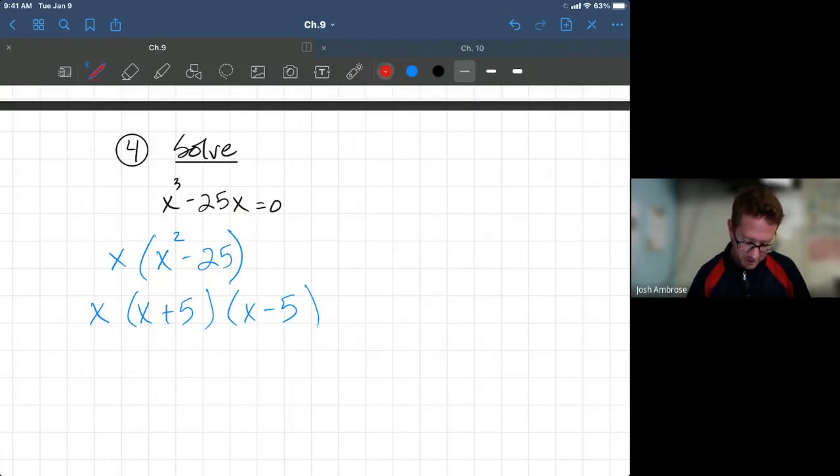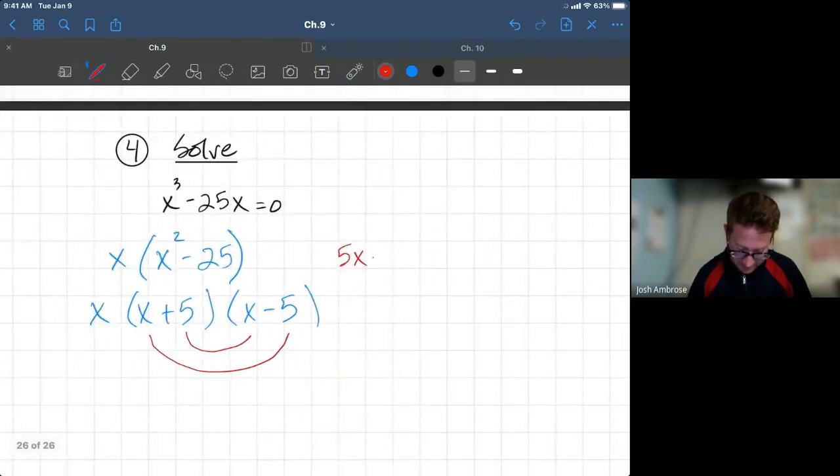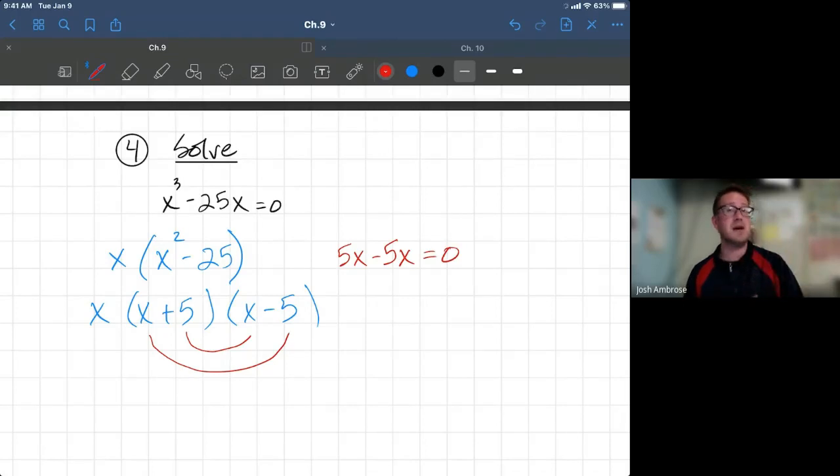You can always remember the double smiley face is the best way to check. What is 5 times x? 5x. What is x times -5? -5x. Well, that's 5x minus 5x. That's 0. That means it drops out. So we won't have a middle term. We did do it correctly.